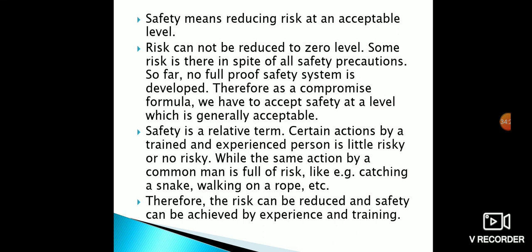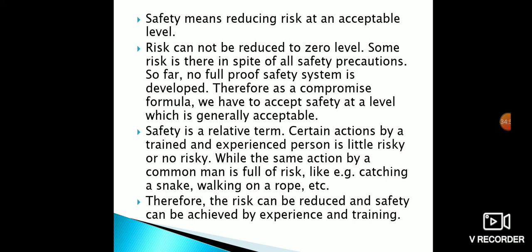Therefore, as a compromise formula, we have to accept safety at a level which is generally acceptable. We cannot avoid risk 100%. We cannot say that you are 100% safe in this environment.